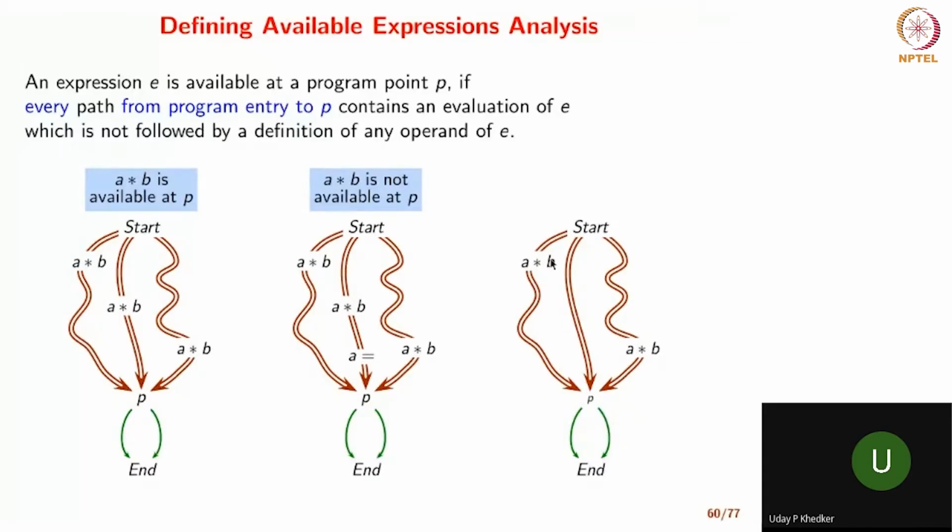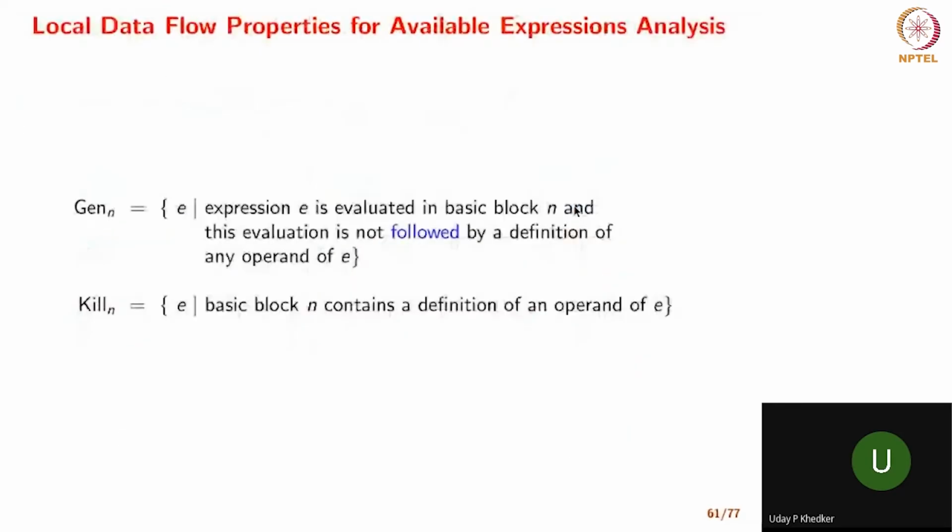In this case, it does matter because we're talking about every path. So here also A star B is not available. So how do we capture this? This seems to contain properties that are very different from what we talked about in live variables analysis. It turns out that we can define it in a similar manner.